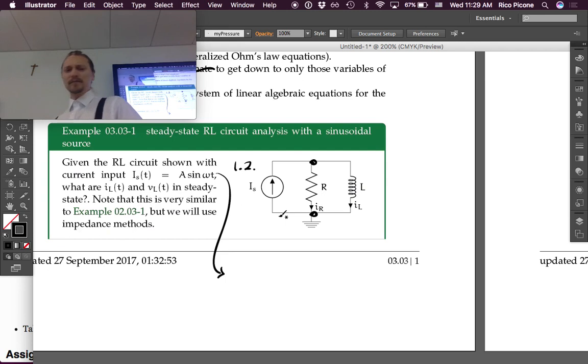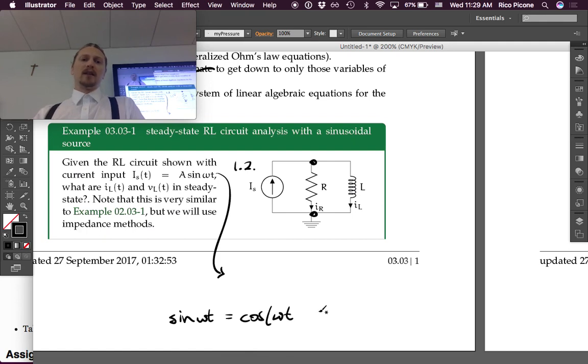So something to keep in mind here is that sine omega t is equal to cosine omega t minus pi over 2, right? It's minus.